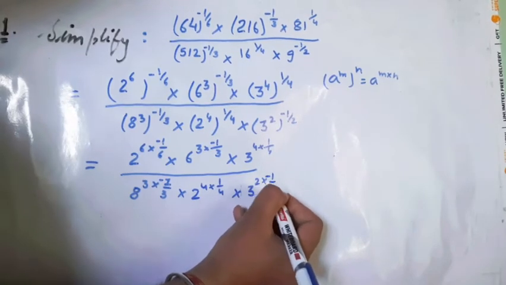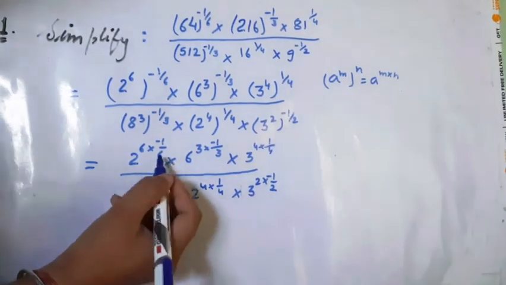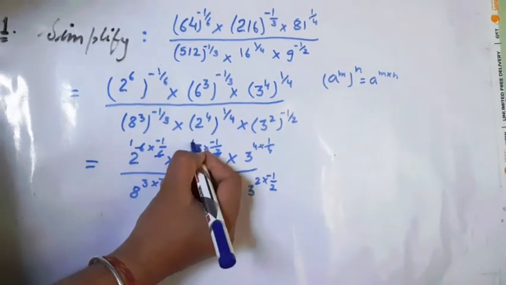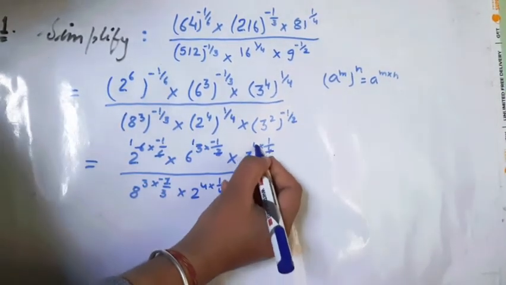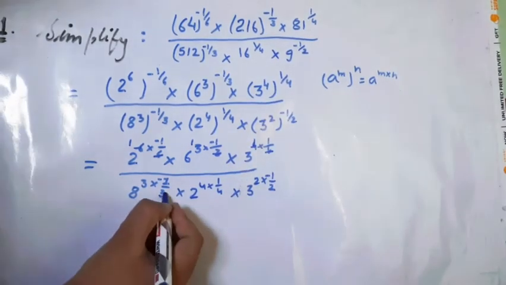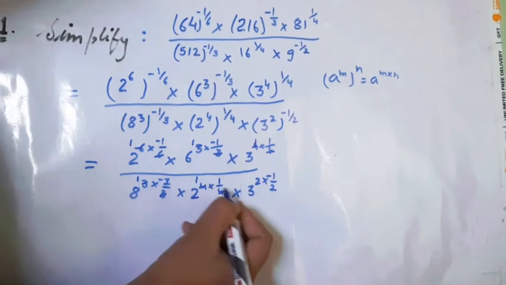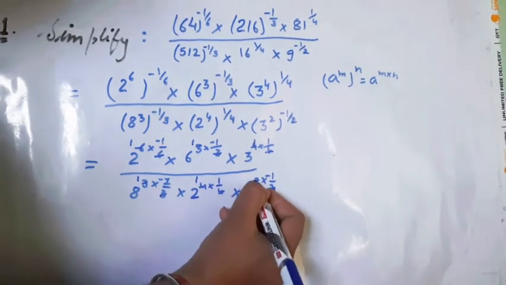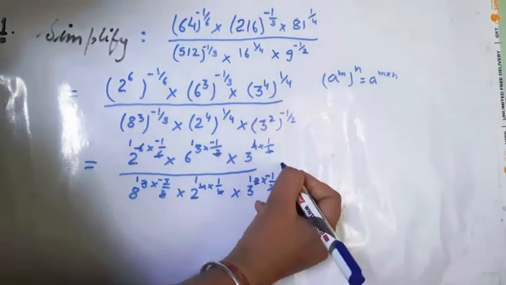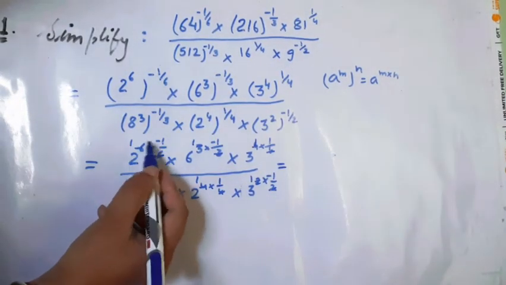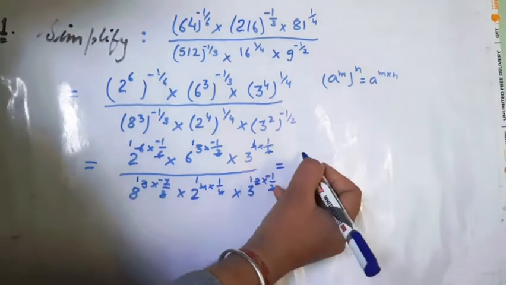minus 1 upon 2. So here 6 ones are 6, 3 ones are 3 and 4 ones are 4. Same 3 ones are 3, 4 ones are 4, then 2 ones are 2. So what is left with you? Here we have 2 raised to power 1 multiplied by minus 1 will be minus 1.